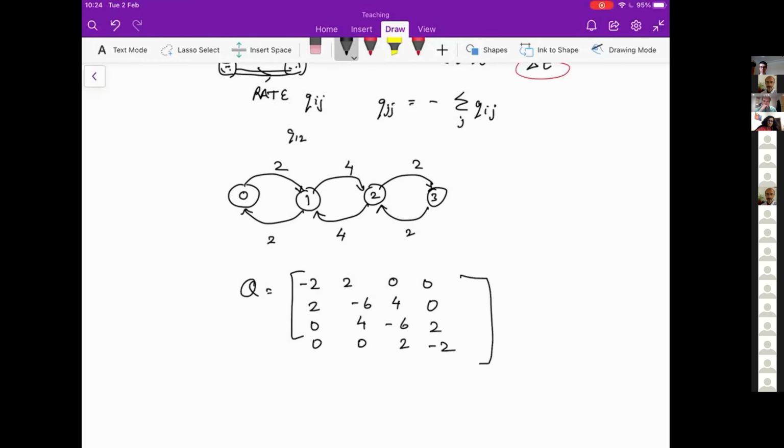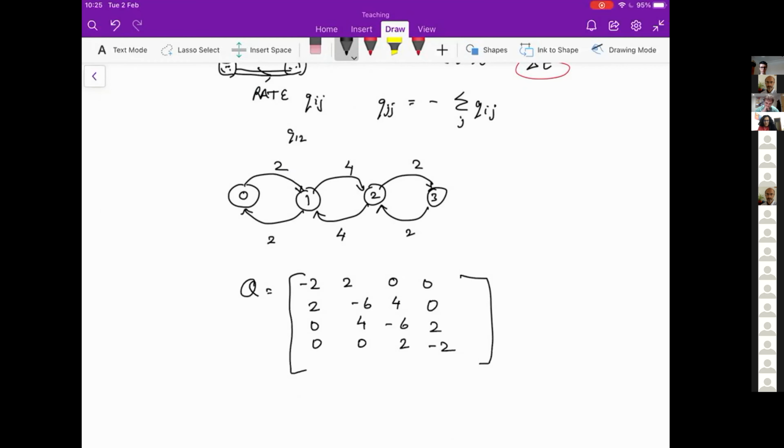So that's the Q matrix over here. Pretty much by inspection, by looking at what the lambdas and mus are. So this is minus lambda 0, this is minus lambda 1 plus mu 1, and then that's lambda 1, and so on. So we can just write it down given the lambdas and mus, right?